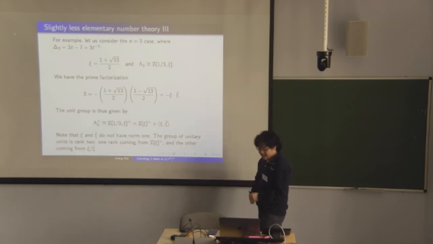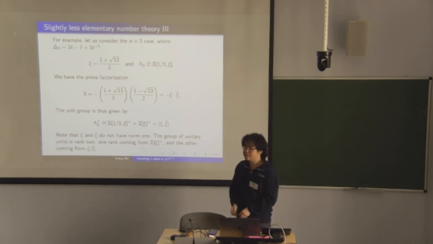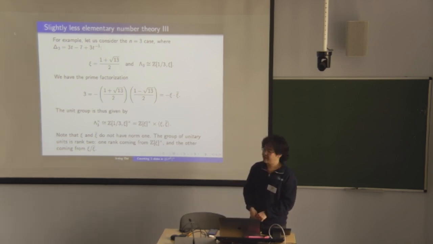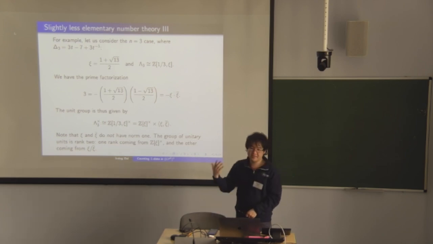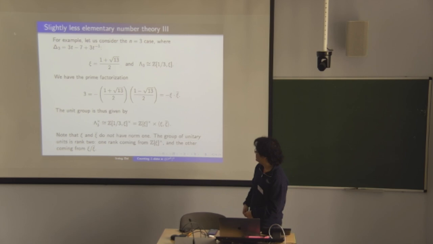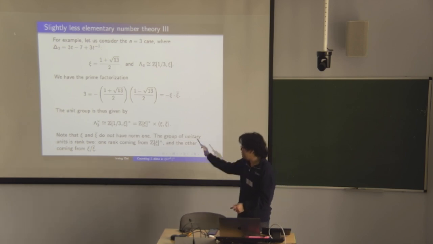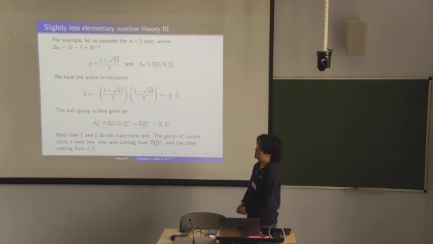Now, let's think back. What we're supposed to do is understand the set of unitary units in this ring, and then quotient out by the subgroup generated by t to the k. Now, what you can check is that the things coming from Z adjoin chi all have norm plus or minus 1. So either they are unitary units or half of them are.